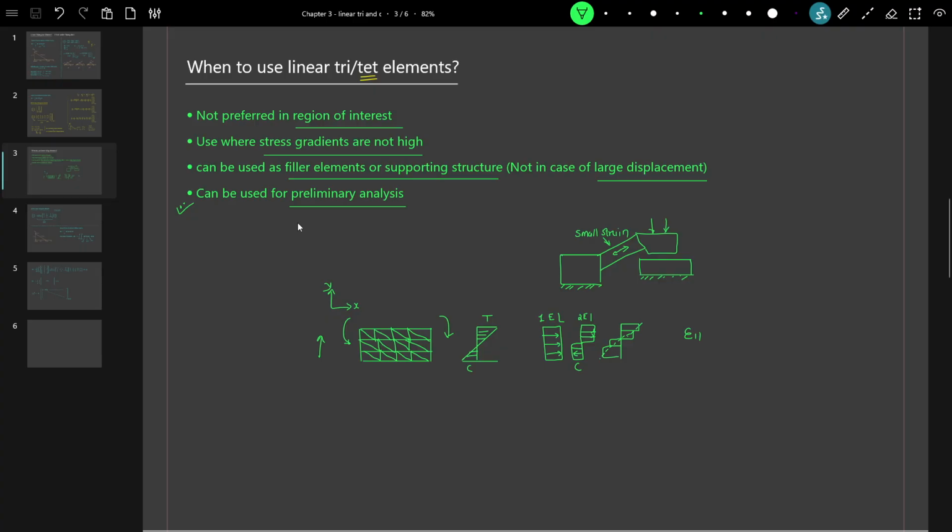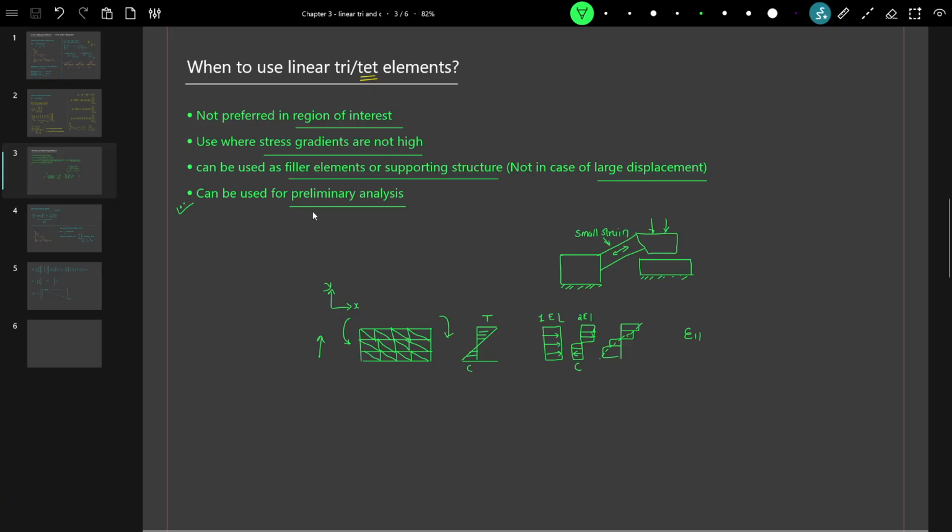It is also helpful because once we get the feel of physical behavior, we can make some necessary corrections in our FEA model. If you start with second order tri or hex elements, it may be possible that the analysis might not converge, and whatever inputs we are representing in our FEA, we may not be able to take corrective actions on that.